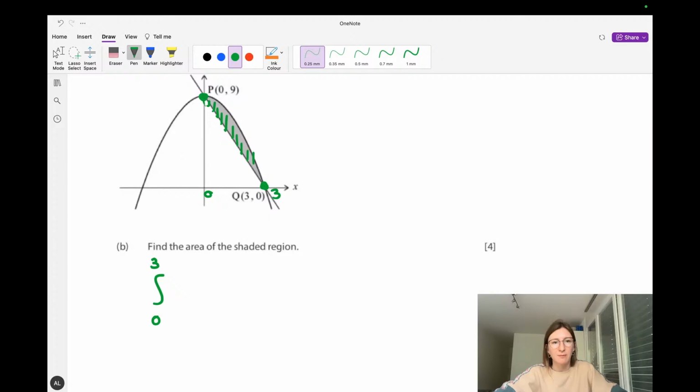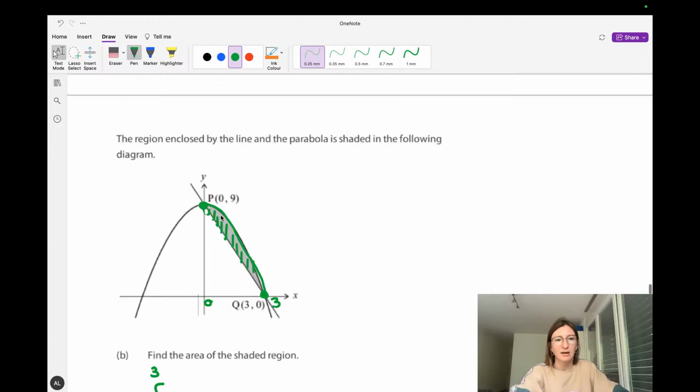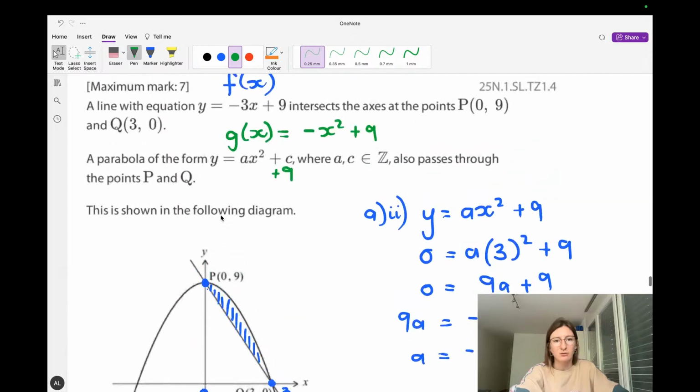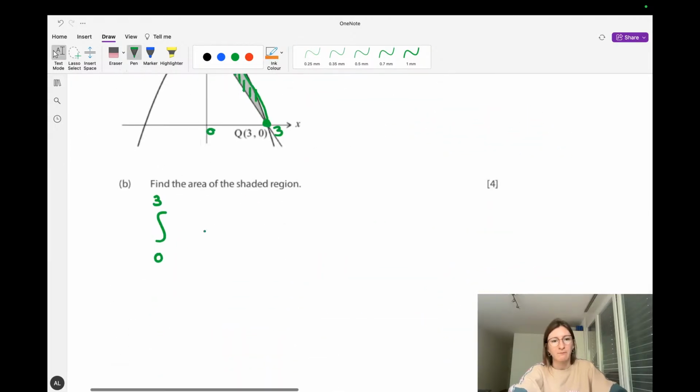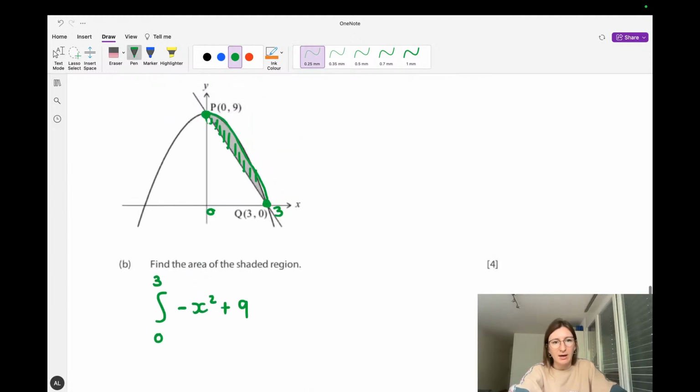And which graph is on top? Our quadratic is on top for this section. So we're going to take the top function, the quadratic, minus x squared plus 9, and we're going to subtract from it our lower graph, this straight line here.